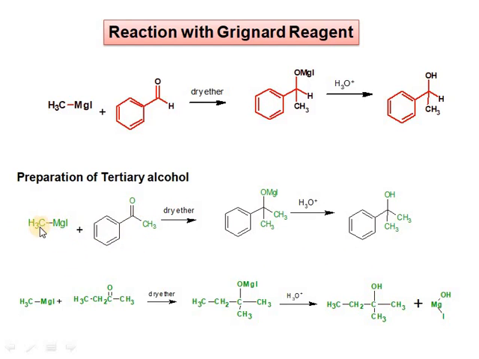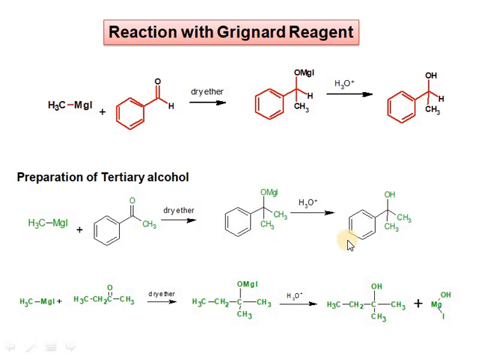With methyl magnesium iodide, the methyl carries a negative charge, attacks the carbonyl carbon and forms a negative charge on oxygen, that is O minus MgI. Then after hydrolysis with water, O minus is converted to OH.